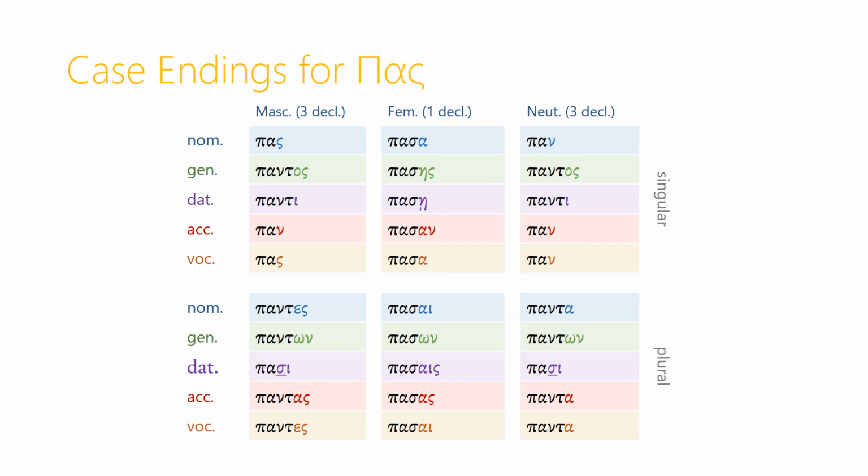This is because the pant stem in the masculine and neuter collapses when it runs into the sigma. Nu tau sigma is a difficult combination to pronounce. So the masculine and neuter dative plural is just pasi instead of pantsi. But the feminine dative plural is quite regular, pasais.